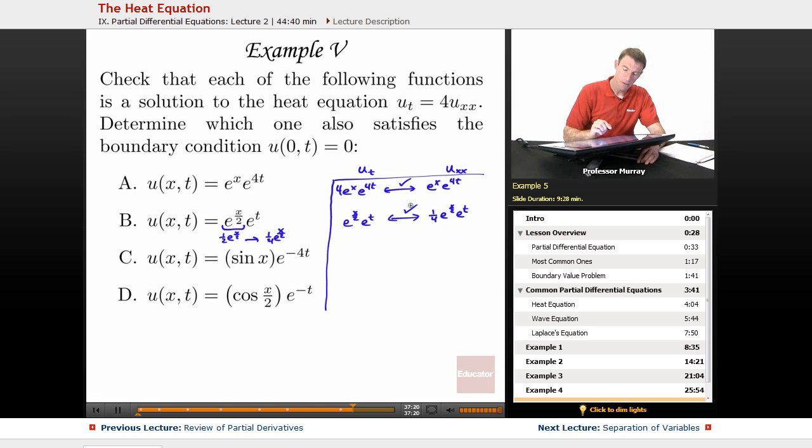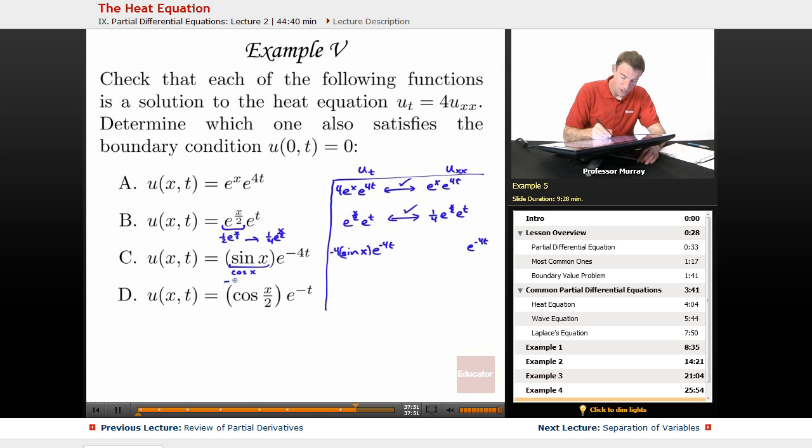For part C, if we do u sub t, it looks like the sine x comes down as a big constant. And then the derivative of e to the negative 4t is minus 4 e to the negative 4t. And then if we take the second derivative with respect to x, the e to the negative 4t is just going to be a constant. But sine x, the first derivative is cosine x.